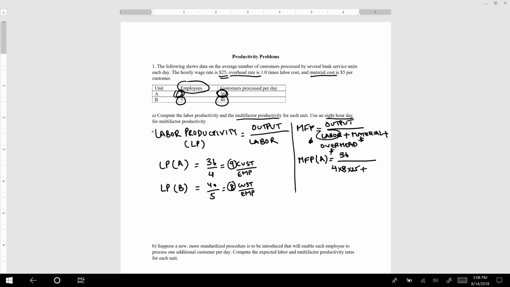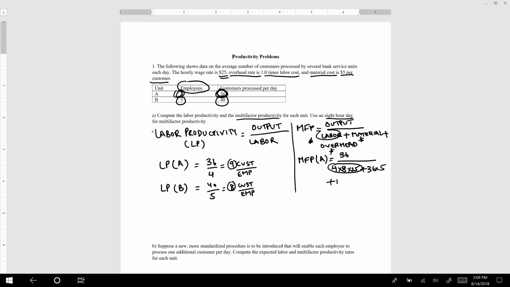So this will be our labor cost, plus the material cost would be, material cost is $5 per customer. So we have 36 customers processed by A, so each customer will incur $5. So that will be our material cost, and then our overhead cost would be 1 times labor cost. So the labor cost is 4 times 8 times 25.